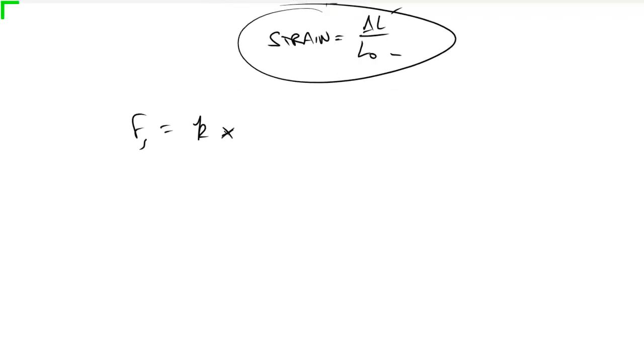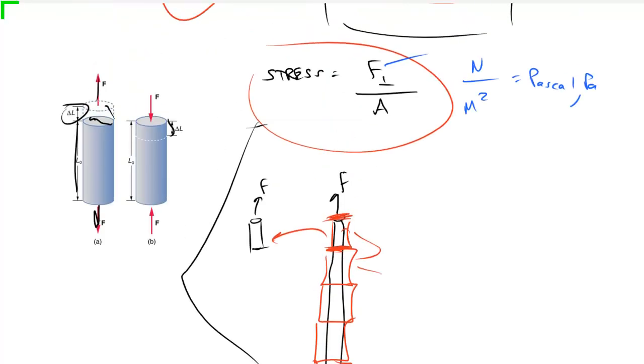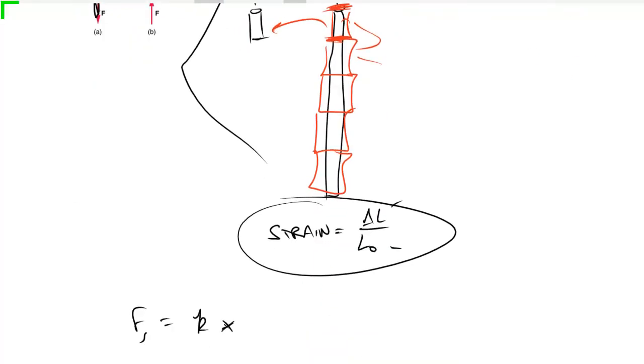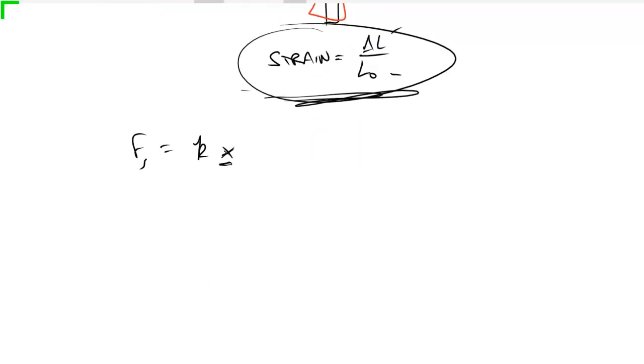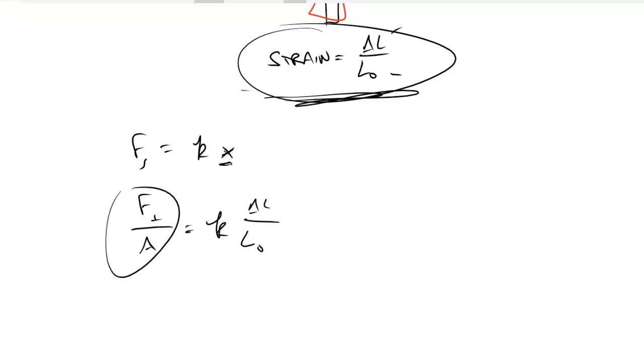But instead of a force, now we are going to talk about a stress. And instead of a displacement, we're going to talk about a displacement per original length. And so we have here the perpendicular force divided by area would be equal to some spring constant divided by a ratio of our change in length to original length, or stress is equal to some constant times the strain.